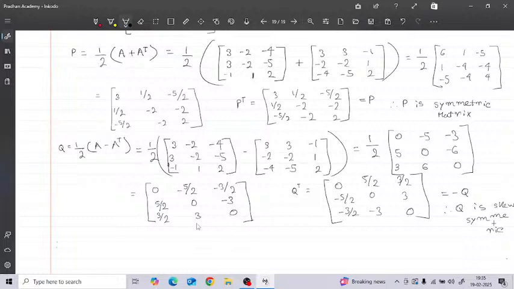Let's compute P plus Q. This verification process is very much important. Without this, your question will not be considered a correct answer. So you have to verify it.